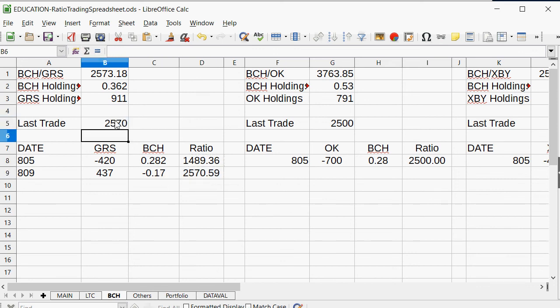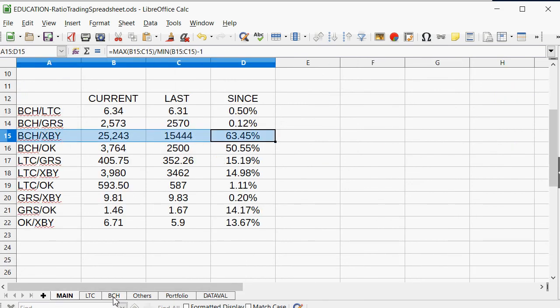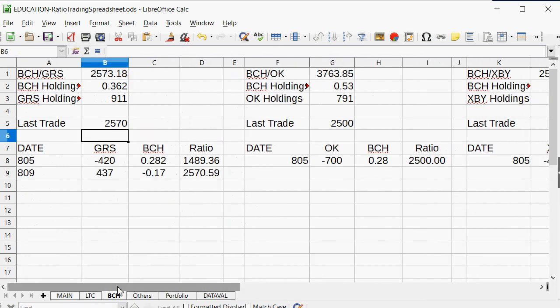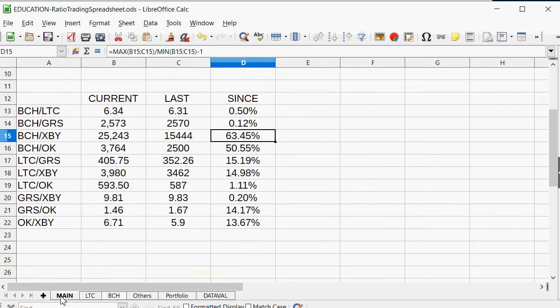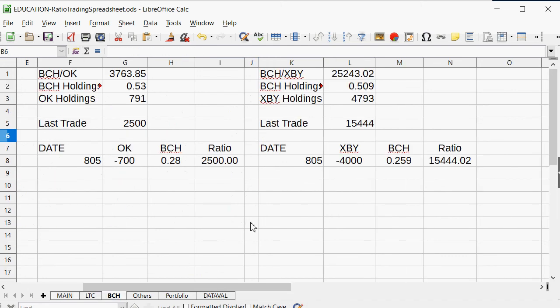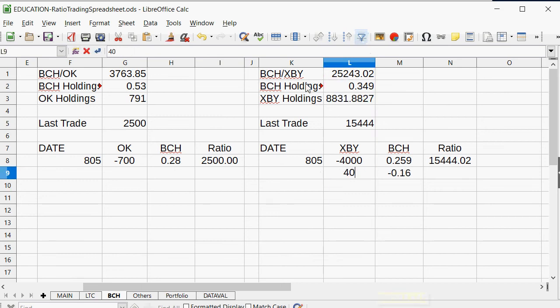So a good trade there. And then we would have Bitcoin Cash and XBY. So we'll do this, the percentage move here, 60%, pretty good. So let's go ahead and take, say, 19 or 0.16, sounds good. Equals this multiplied by negative this to make it positive. I get somewhere around 4,030, we'll say. We'll call the 8 or so rake.